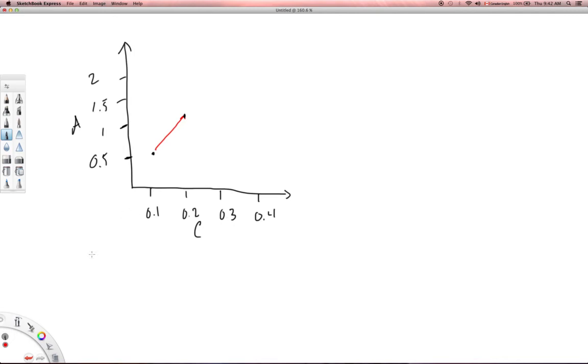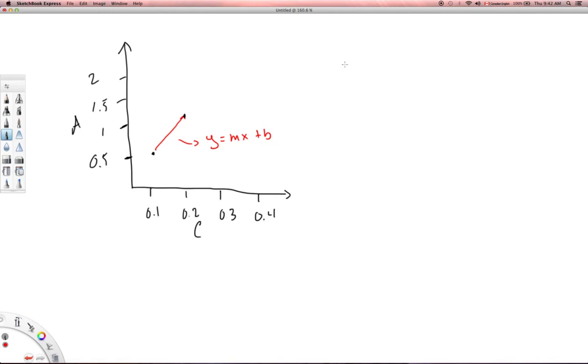Well, let's go back to this. What does that tell me? With a linear relationship like that, the equation for this line can be written as y equals mx plus b.